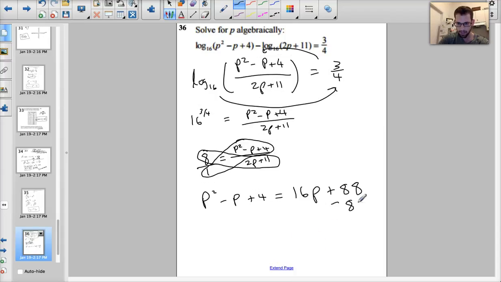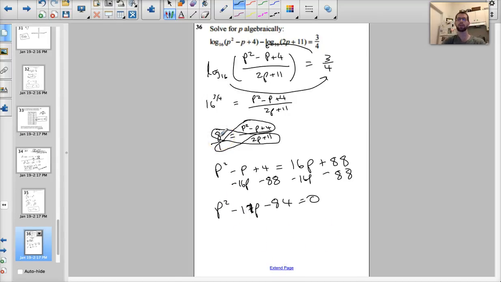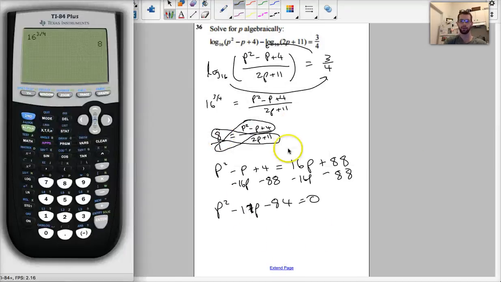I'm going to subtract 88 from both sides to get everything on one side so I can factor. I'm going to subtract 16p from both sides. And I get p squared minus 17p minus 4 minus 88 is a negative 84 equals 0.